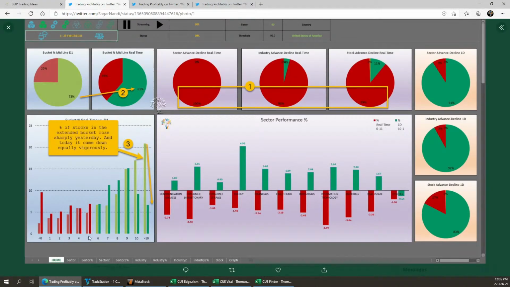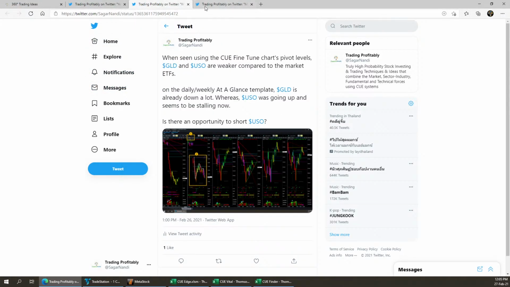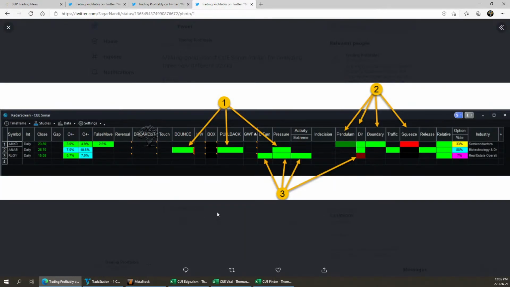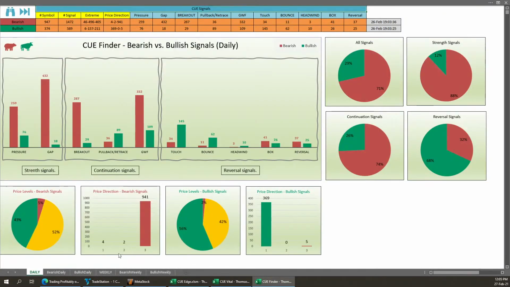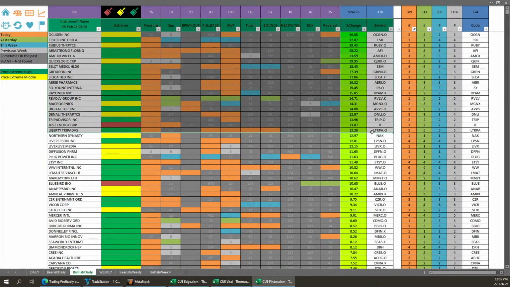And I shared one tweet on Friday, and that is also going to help to see how you may use the, here I attached a snapshot of Q Sonar, but you could also use Q Finder on Q Global. That has similar signals.